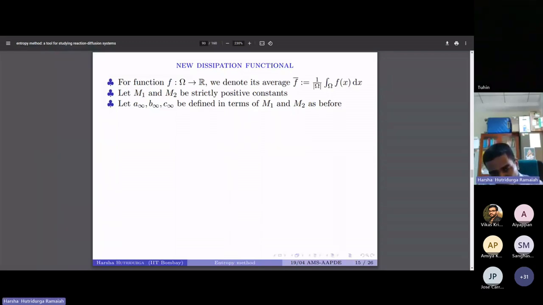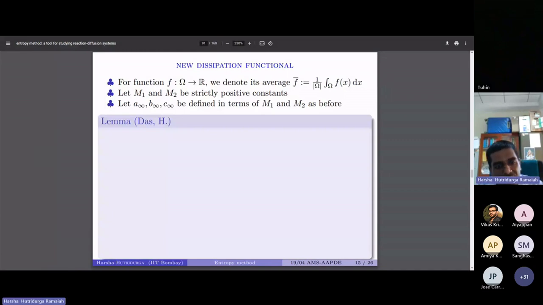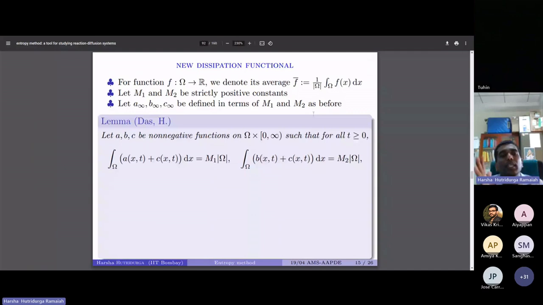Then this is the result done in collaboration with Saumyajit and myself. So it says the following. Now you give me three non-negative functions, A, B, and C. We will be considering only functions of x and t variables. Here you will see why we are doing this. Anyway, we want to apply it to the reaction diffusion system.